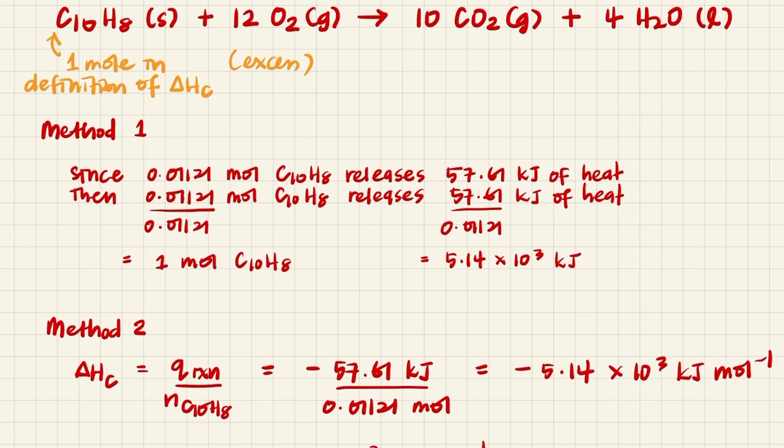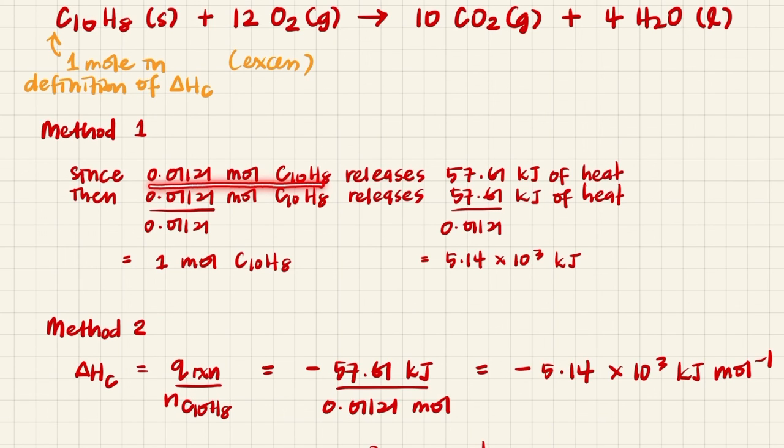So 1 mole in your definition of enthalpy of combustion will be referring to C10H8, so you're going to divide by that. You can use this method, which is like stoichiometry, where you compare the number of mole with the heat loss, heat released. This one is basically the mole of C10H8 that was being burned.